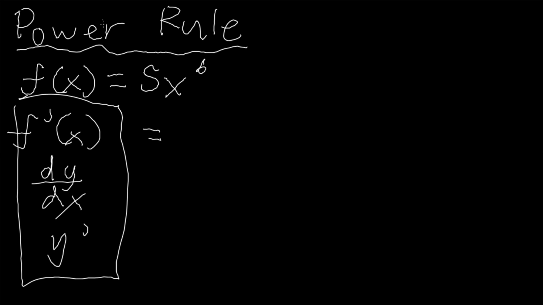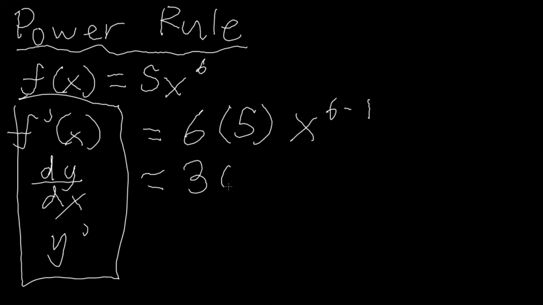We move the 6 up to the front, so 6 times 5 x to the power of 5, because it's 6 minus 1. So let me put 6 minus 1 here so you understand this better. So this would equal 30 times x to the power of 5. This would be the answer.